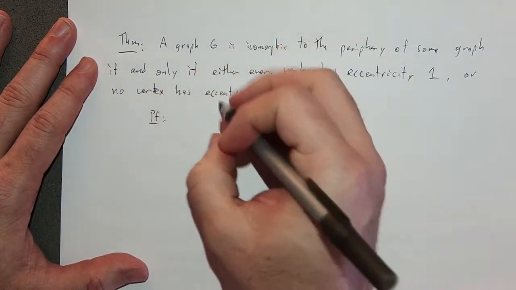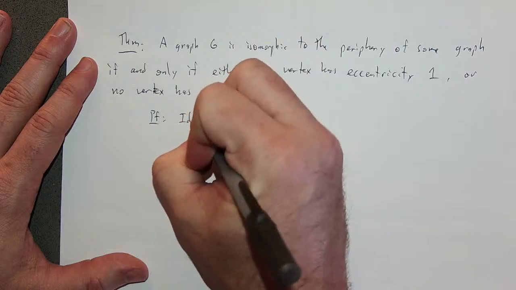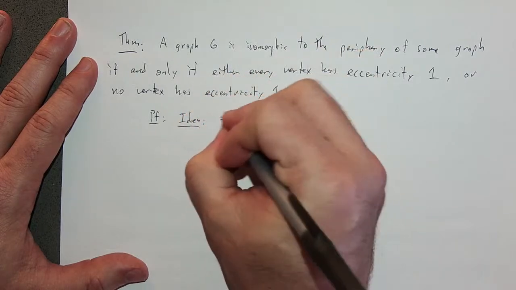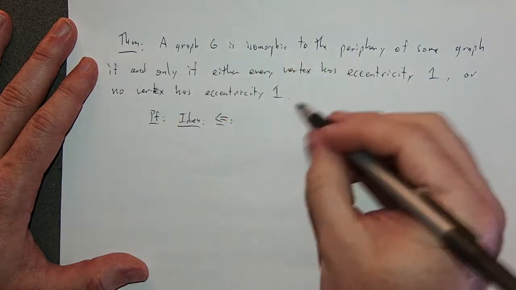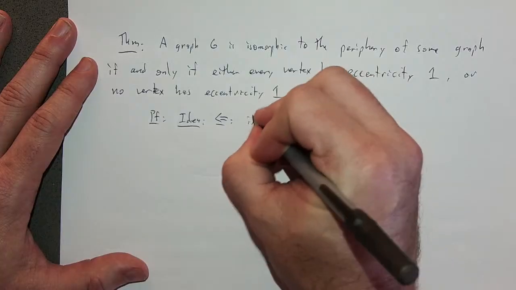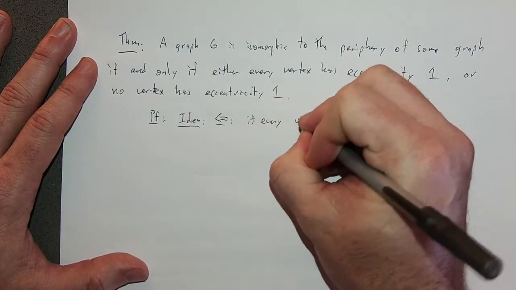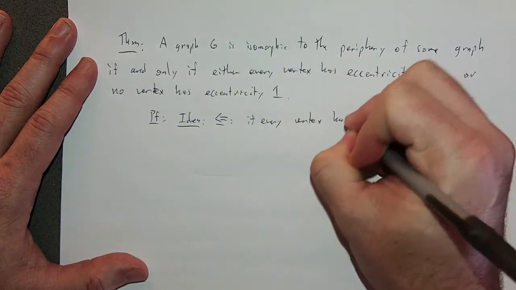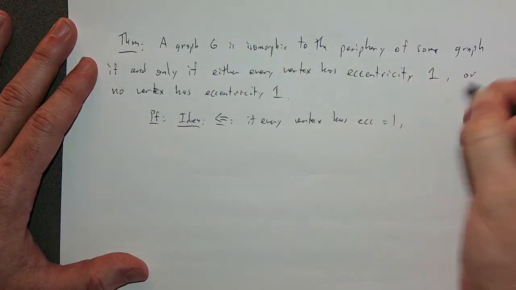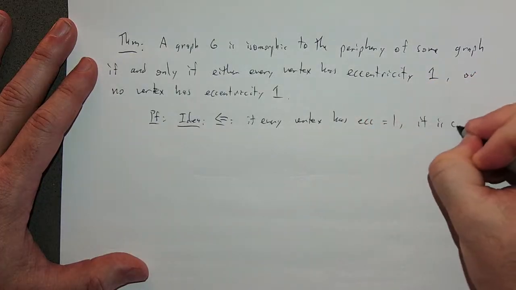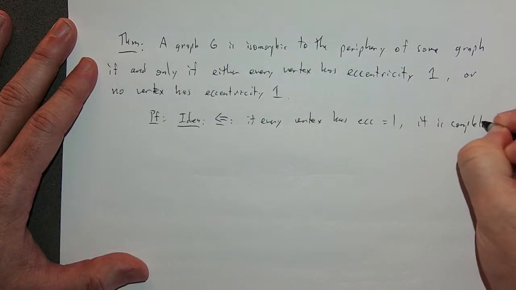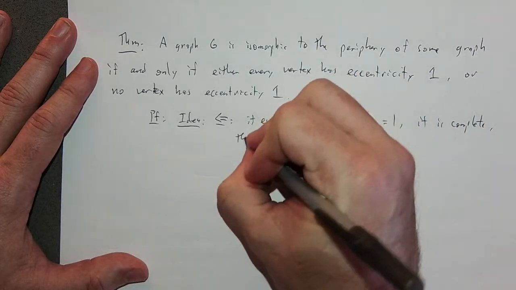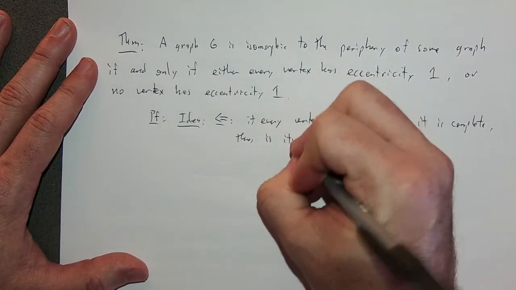So first, the idea, this is the backwards implication. If every vertex has eccentricity equal to 1, it is complete. Thus it is its own periphery.